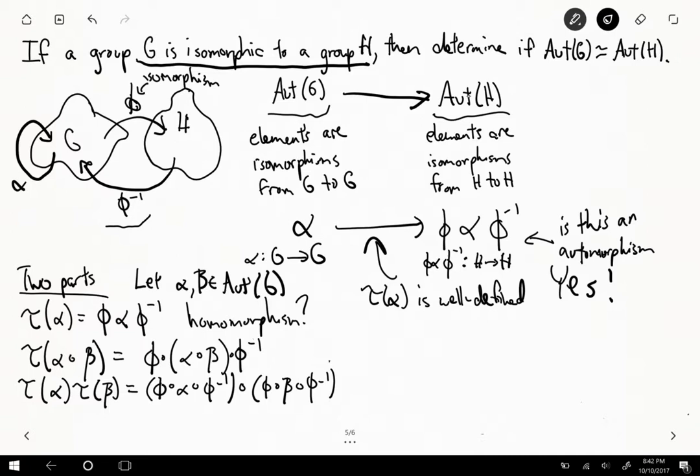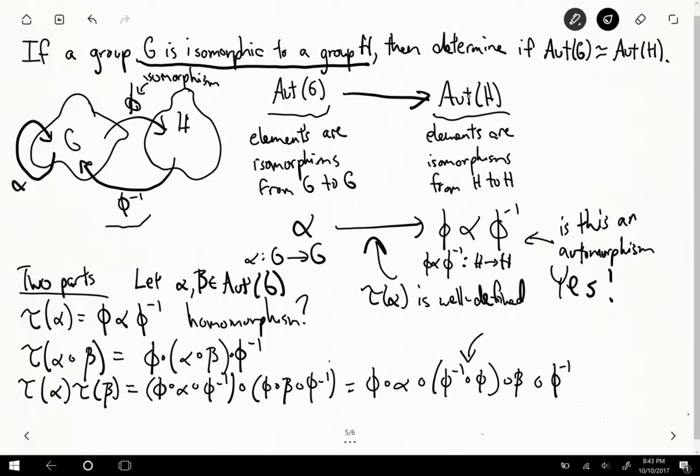Well, one thing we can do with these functions is use associativity. So you can rewrite this as phi composed with alpha composed with phi inverse composed with phi composed with beta, and that is composed with phi inverse. Okay, this right here is the identity map.